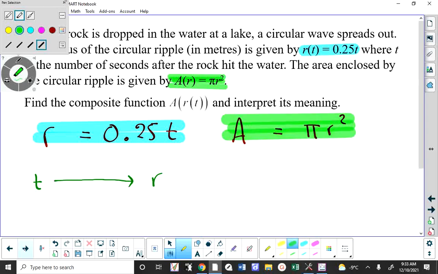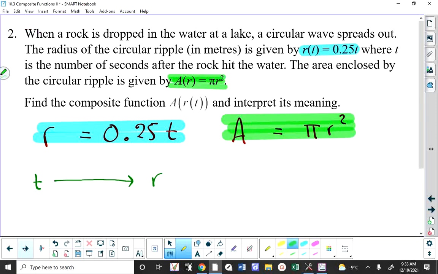I dropped the pretense of the function notation. It's A of r equals pi r squared. All that means is the area is a function of r, and r is the input to produce the area, just like f of x has an input of x. And I want you to make an observation here that what this is used for is to take r and calculate an area.